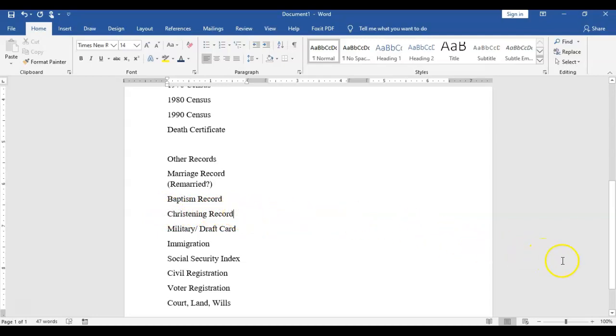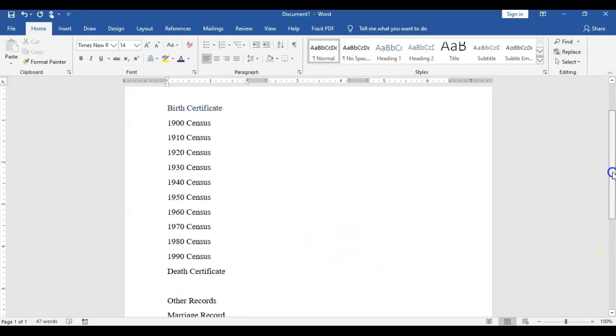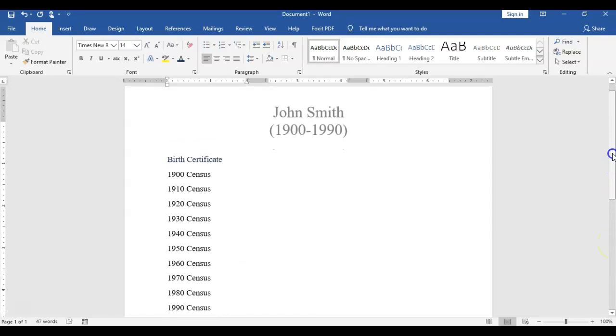This is just a rough outline for you guys to use. It's not all-inclusive. There are other records that you can find that do not fall under one of these categories, like a newspaper clipping. That would be a good source, but I haven't listed that on here.